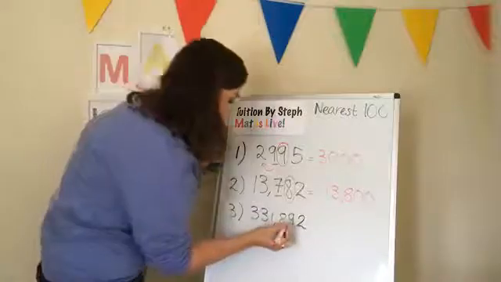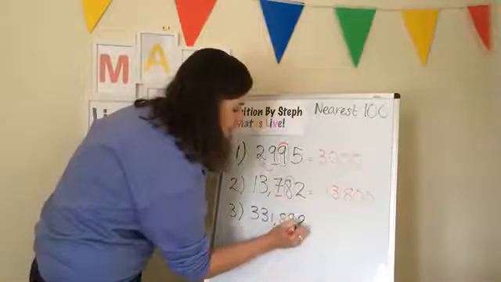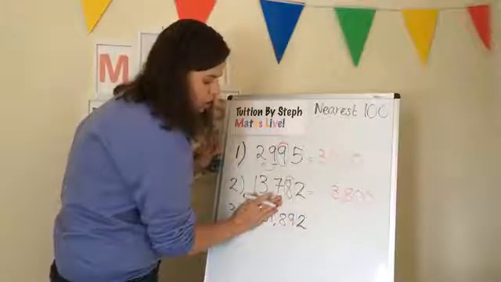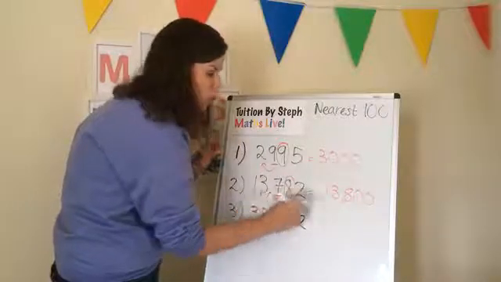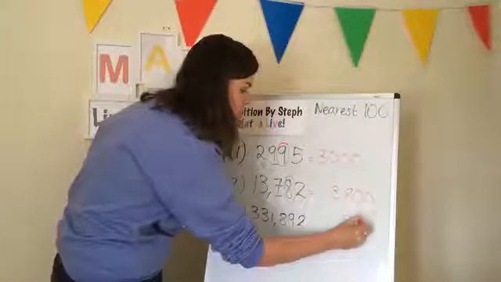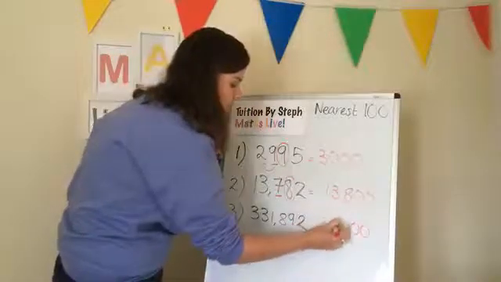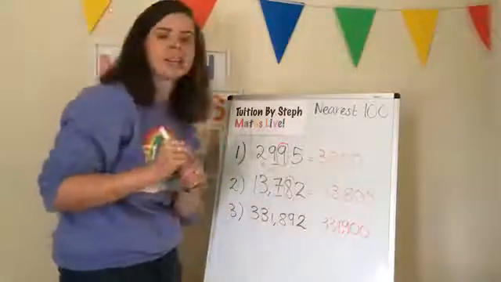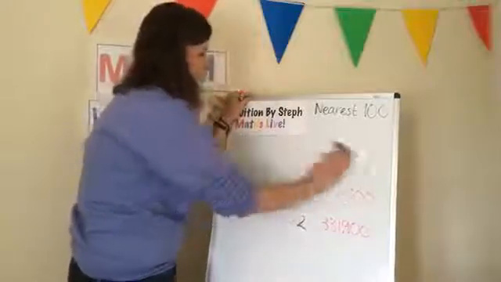And then the last question, the 8 is the hundreds, and the 9 tells us what to do. So 892, we're in the 800s. The 9 tells us to go up to the next 100, which is 900. And then don't forget about the rest of the number, otherwise you have a completely different number as your answer. 331,900.